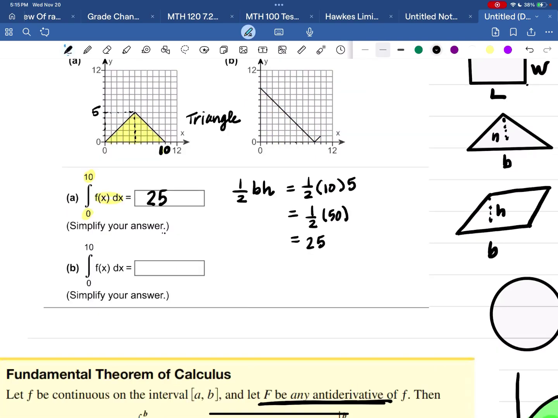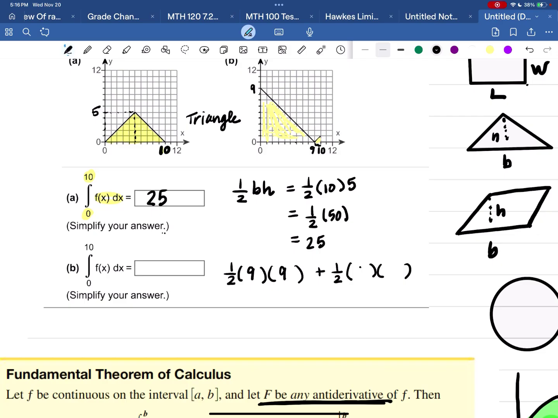Now for part B, we're finding the area in here and the area in here. And so this goes to 10, okay? And it's going to be two triangles. So it's going to be a 1/2 base times a height, plus that little one, 1/2 base times a height. So this first base goes to 9. So it's 1/2, 9, and then this is 1, 2, 3, 4, 5, 6, 7, 8, also 9, plus 1/2.